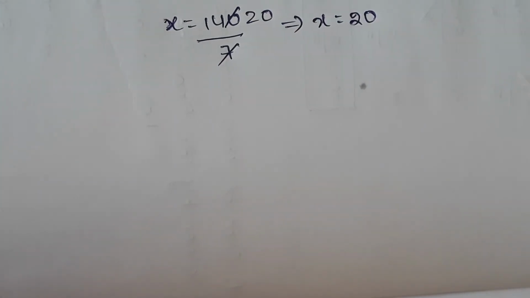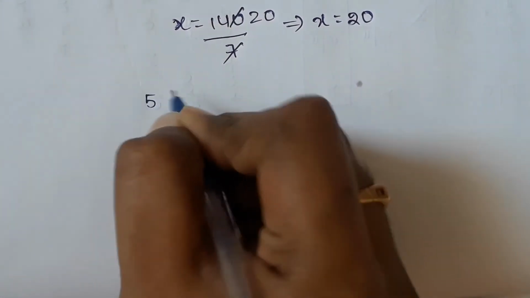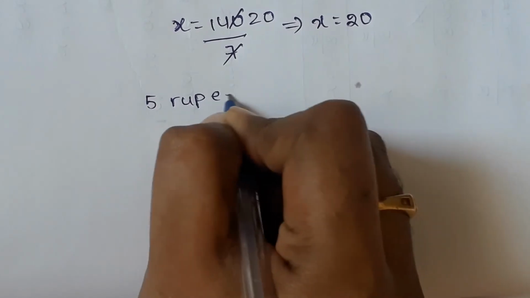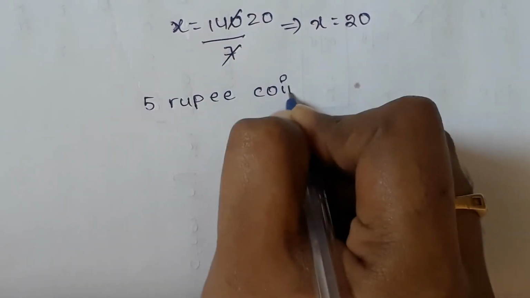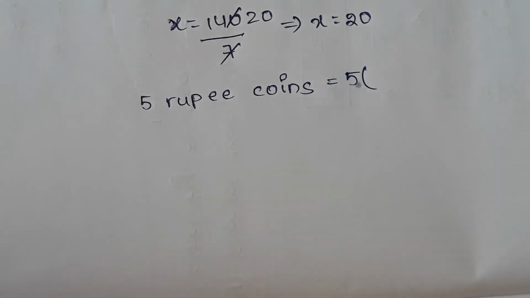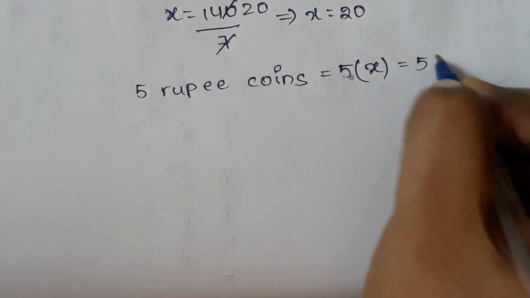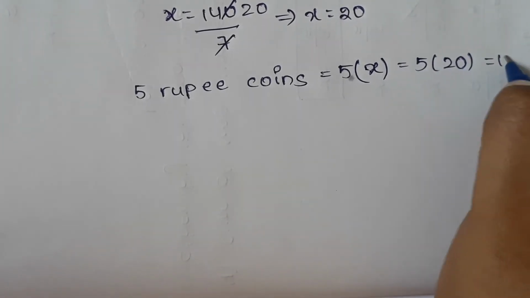Now let us see the denomination of each coin, first the 5 rupee coins. That is 5 into x, that is 5 into 20 equals 100.